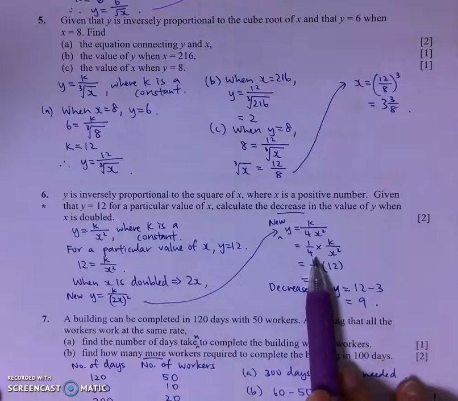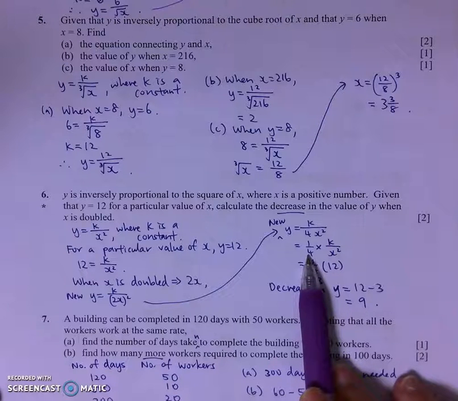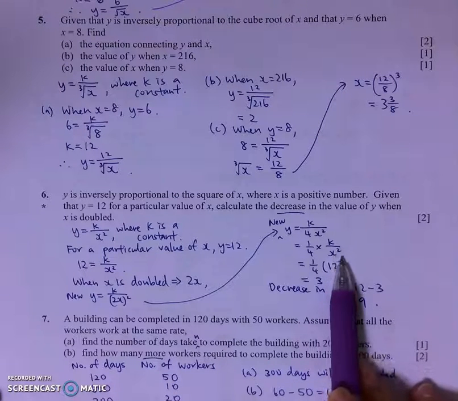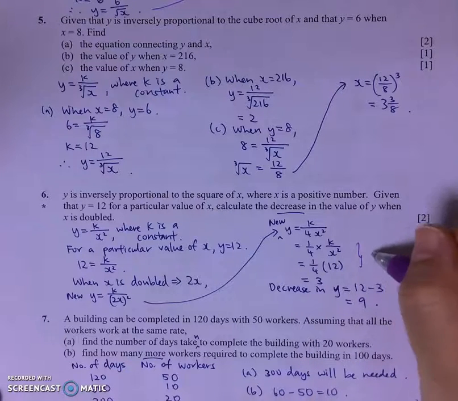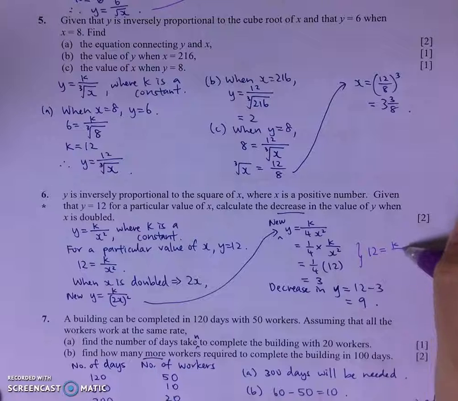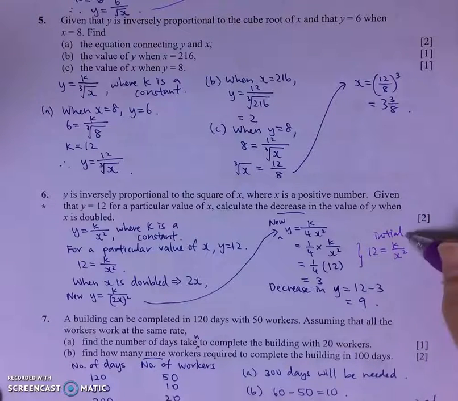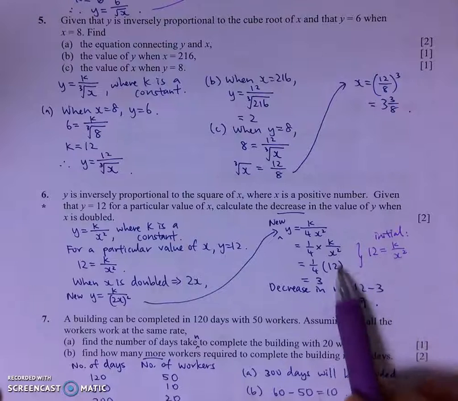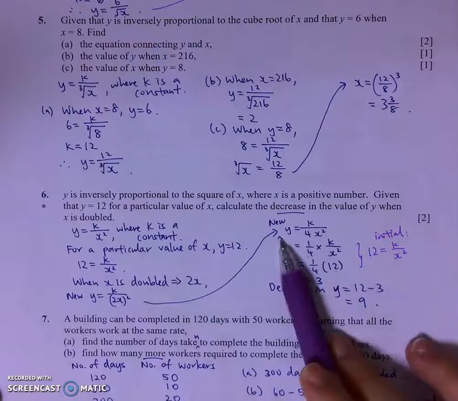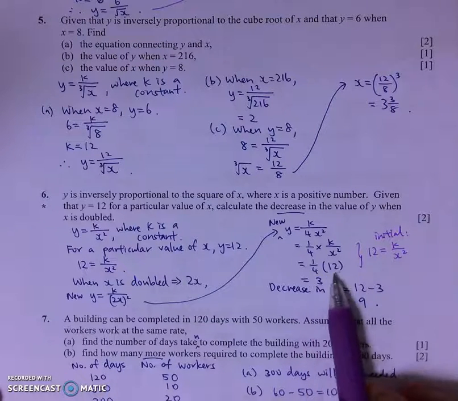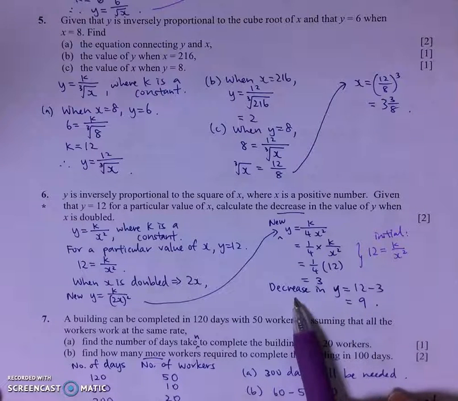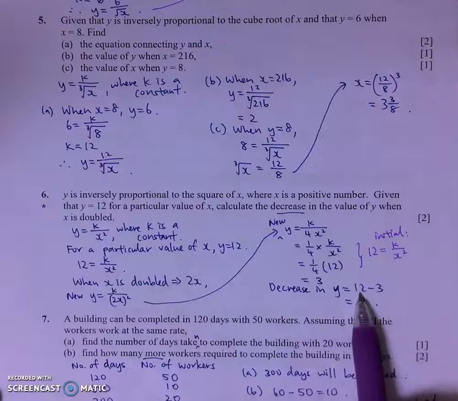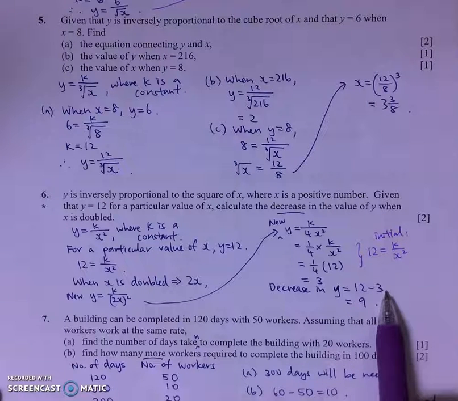Then it's the same as 1/4 of k over x squared. The reason why I'm doing this again is because I want to make use of the initial value that we were given. Substitute that value in. So the new value of y is 1/4 of the previous value of y, which is 3. So the decrease in the value of y is 12 minus 3, which is 9.